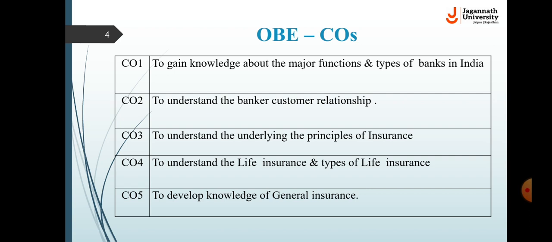The third outcome of the course will be to understand the underlying principles of insurance. And of course, you will develop a thorough understanding of life insurance, types of life insurance, as well as develop knowledge of the general insurance.